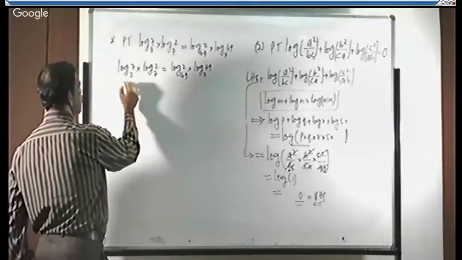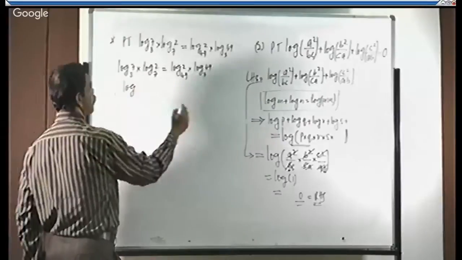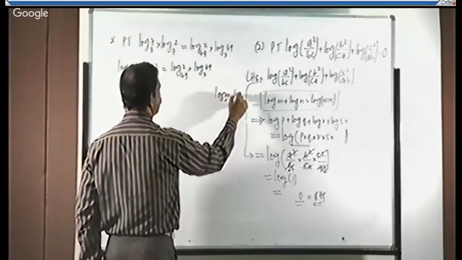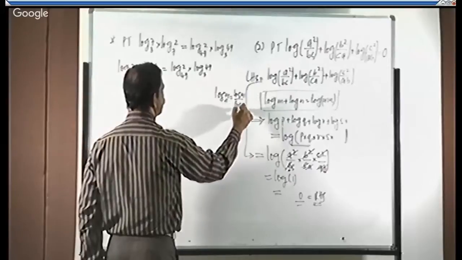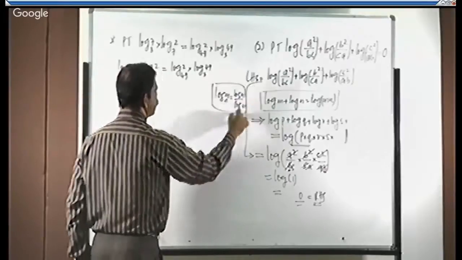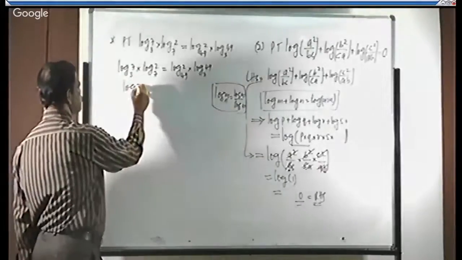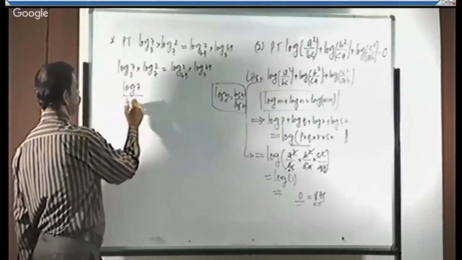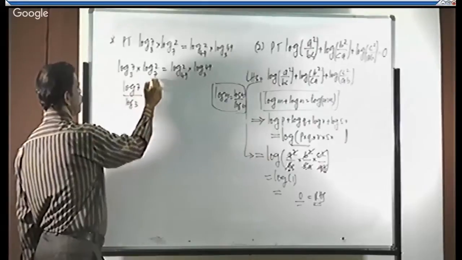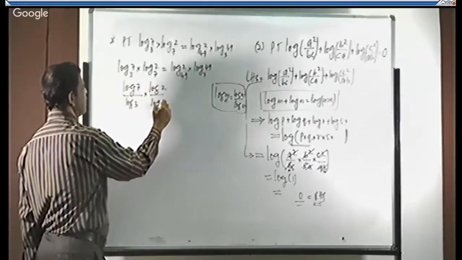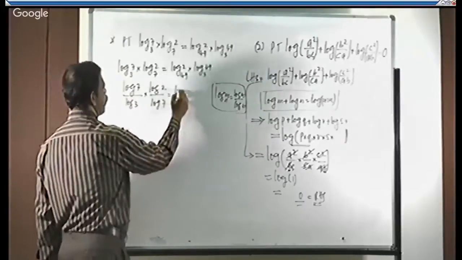Left hand side. See, log of m to the base n is equal to log m divided by log n. Use this one for all the terms. Change of base: this is log 7 divided by log 3 into log 2 divided by log 7 is equal to, what?